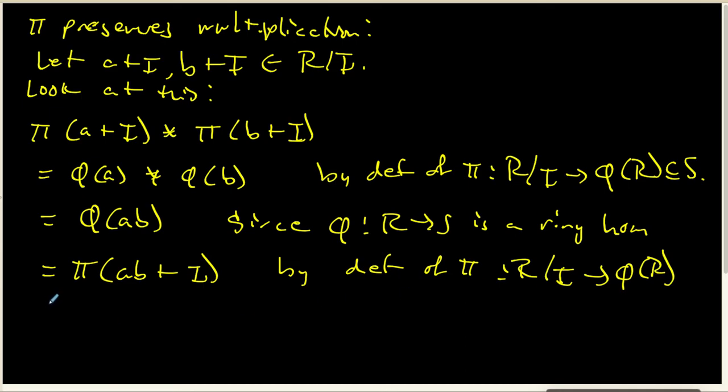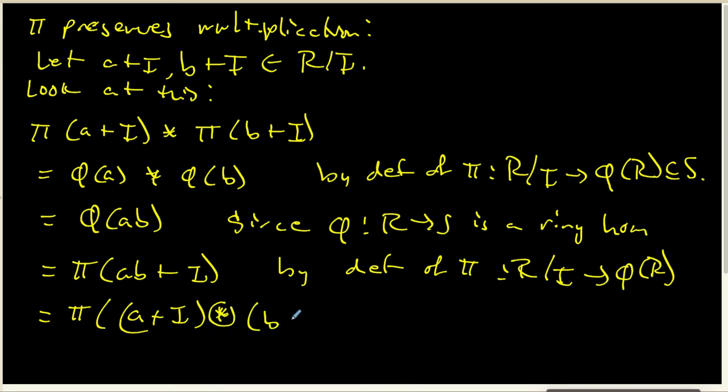And coset multiplication is well defined in R mod I, so this coset can be rewritten as A plus I times B plus I, and hence pi of that coset can be rewritten as pi of A plus I times B plus I.